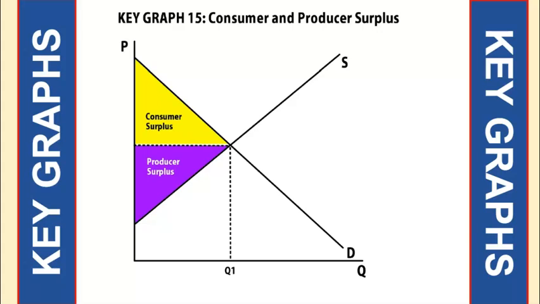You're buying at that price, P1, and quantity, Q1, at which you have an equilibrium between buyer and seller. Consumer and producer have agreed on a price and a quantity at which that price is sold. And even though you may be willing to sell it for less, producer, or even though you may be willing to buy it for more, consumer, you don't have to. You can buy at the price and quantity at this equilibrium. And that is the point of key graph 15.